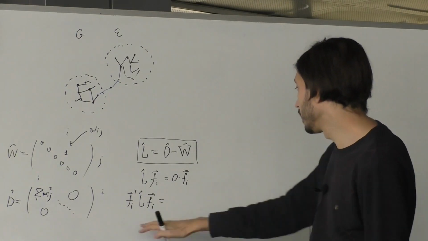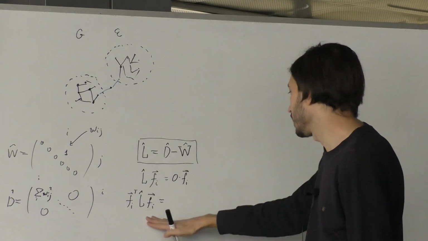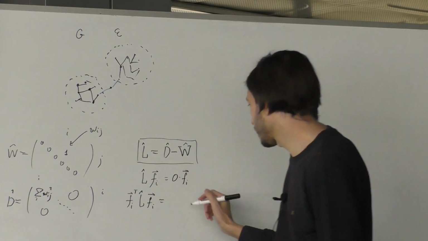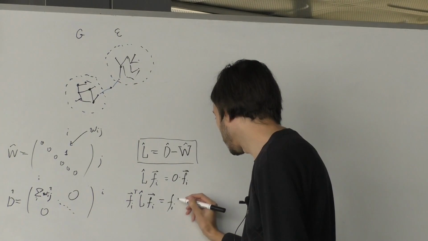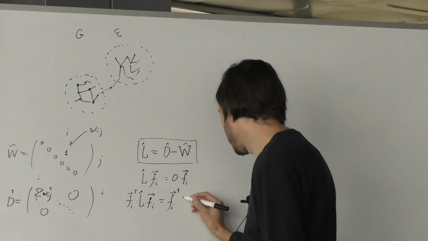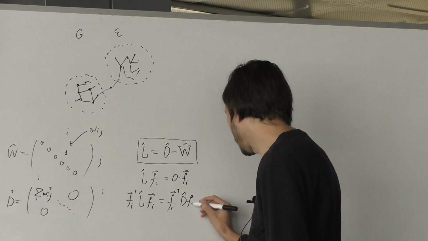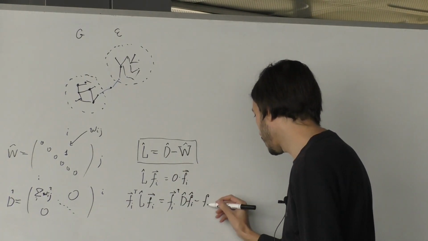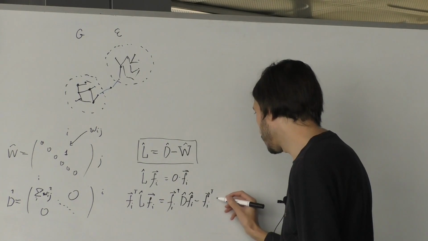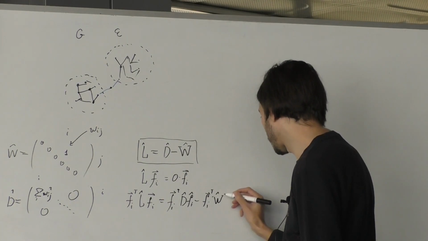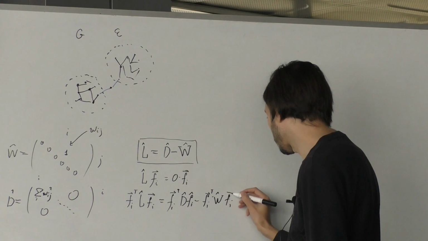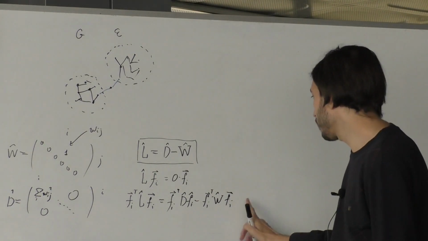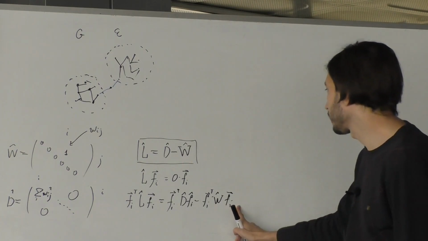First I will expand this thing. So this is phi transposed D phi, minus phi transposed W phi. I'm just using the linearity. Here is my expression. Now, what can I get from here?